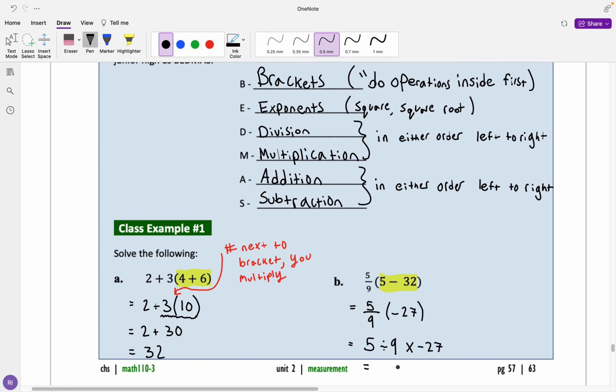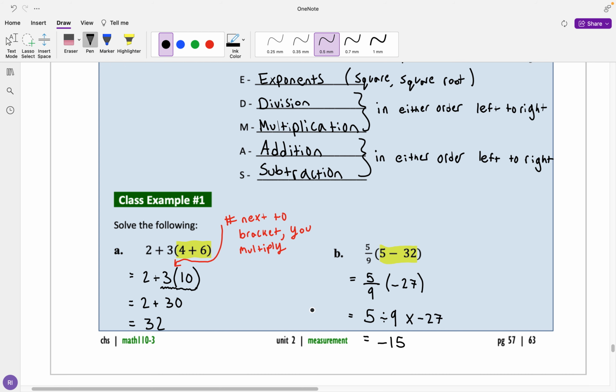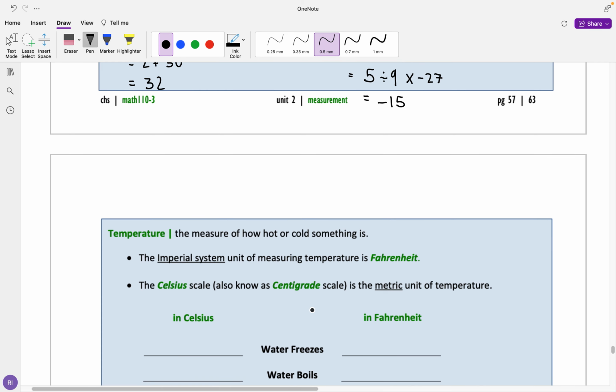It comes out to be negative 15. All right. Now we have order of operations refreshed in our memory. We'll start to apply it to temperature.